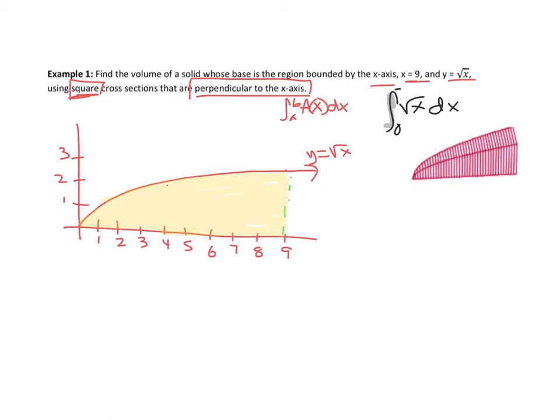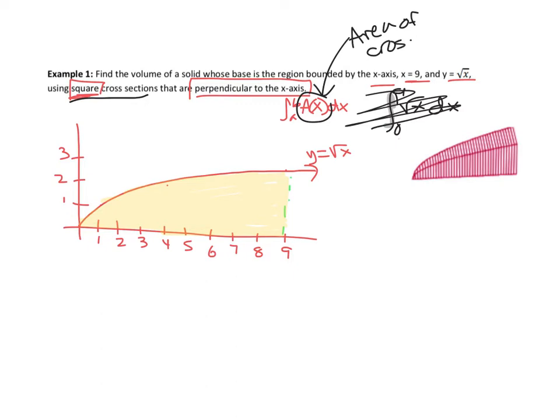If you do this, that's a great integral for that area. That's not what we're trying to find, unfortunately. We want to find the volume. So you'll notice that I said we have square cross sections. In this formula right here, this is the area of a cross section. So the square root of x is not a square.